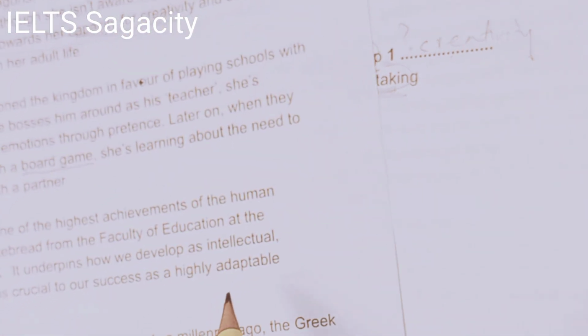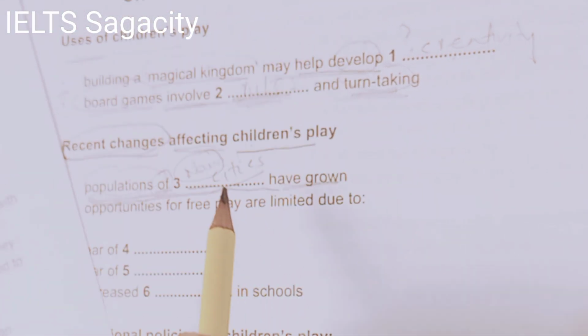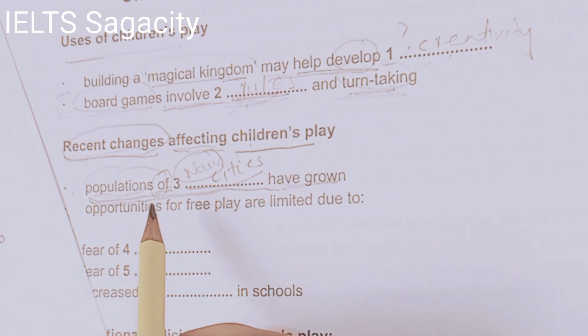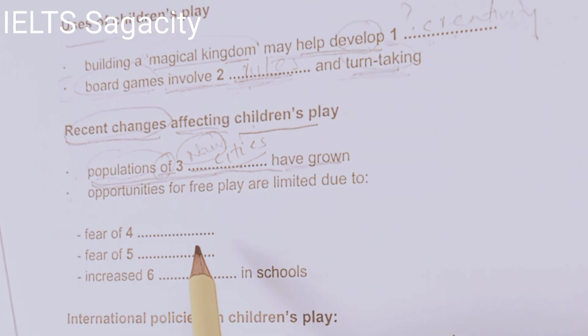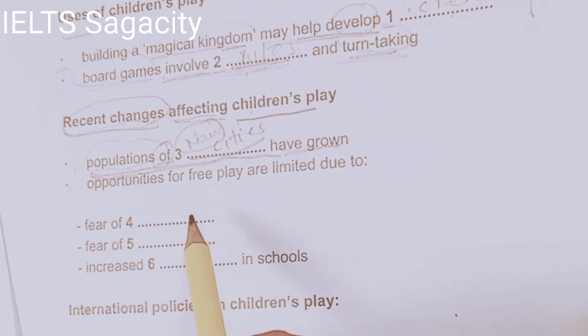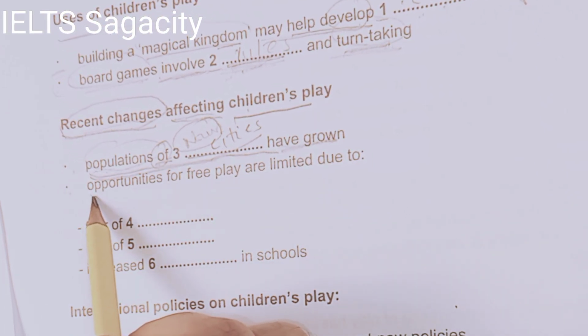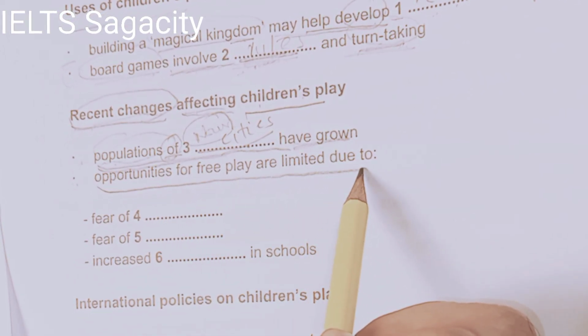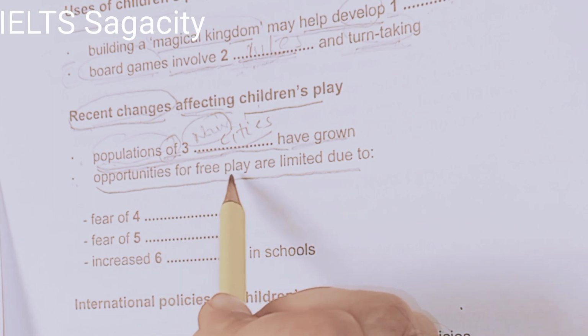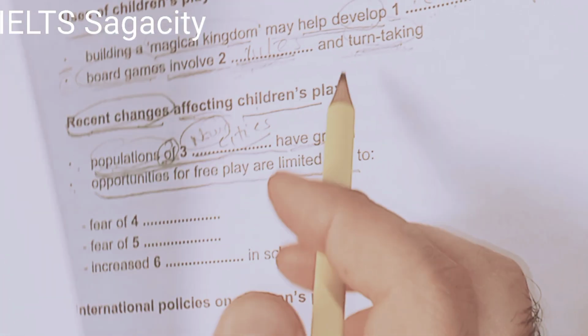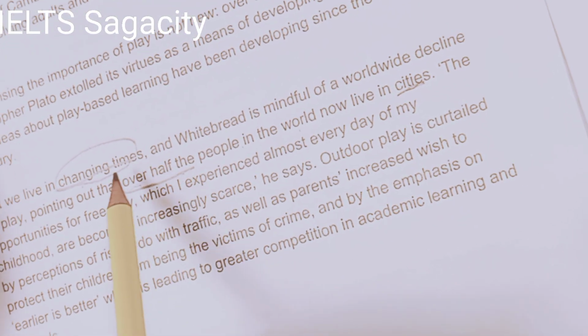The other idea to make sure is that if sometimes you cannot specify a particular key phrase or keyword in the answers, you should look at the upcoming line. Have an eye on the next line, that will also help you. As you can see, opportunities for free play are limited due to blah, blah, blah. So look for the expression free play.